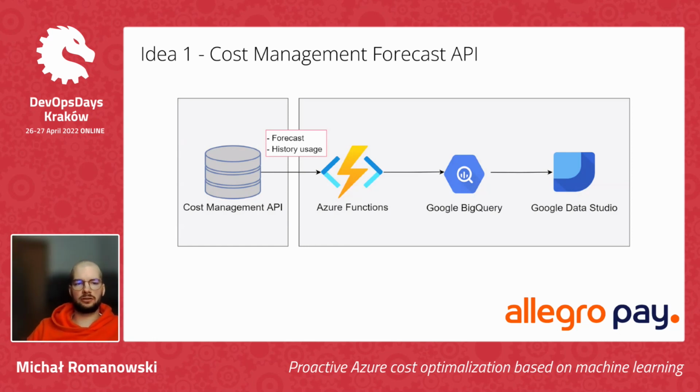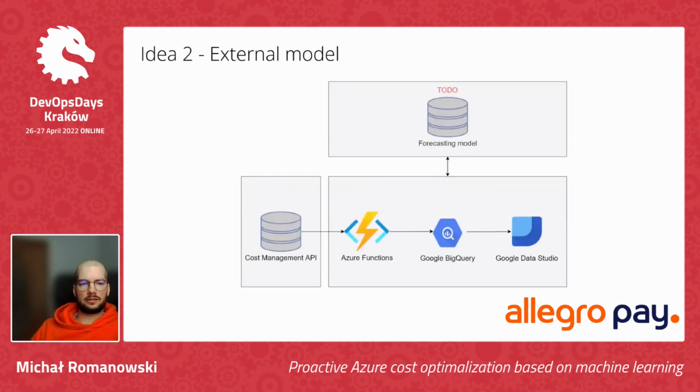So both historical data plus forecasting is gathered by an Azure Function and stored inside the BigQuery service. The second idea is to use an external forecasting model. The major pro of this approach is that this model will be fully managed by us.